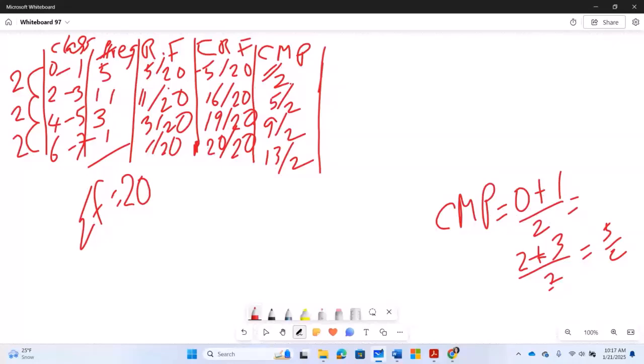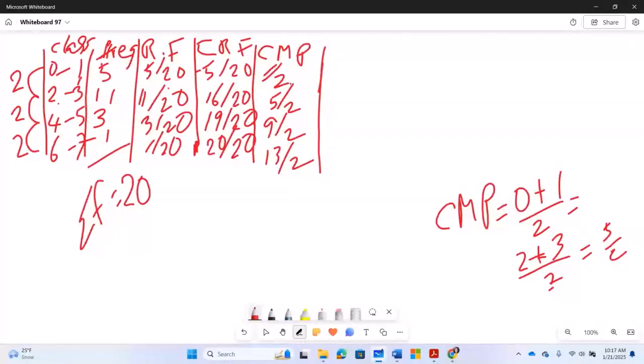I like to start by creating all the lower limits. Start from the minimum number. So 0 is the minimum number, and I keep adding the class width. And when I finish, I will create the upper limits. The upper limit has to be 1 lower than the next consecutive lower limit.